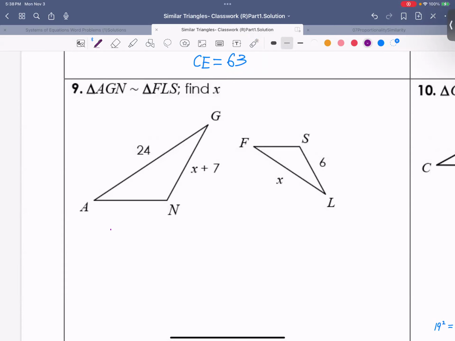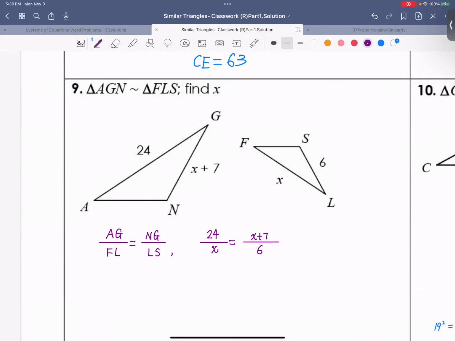AG over FL equals GN over LS, because we see that from the top and those are the variables we have. Good job. Okay, and then we plug it in. So it's 24 over X equals X plus 7 over 6.